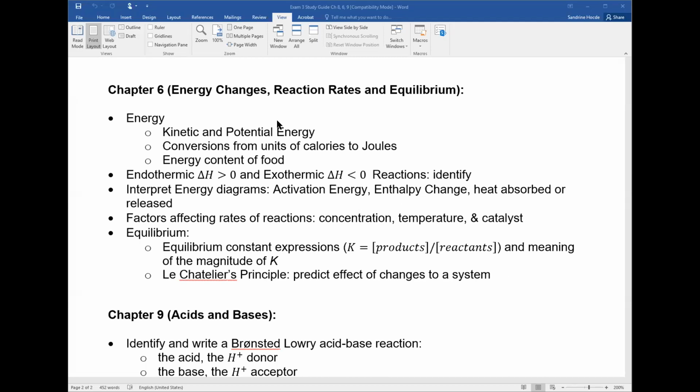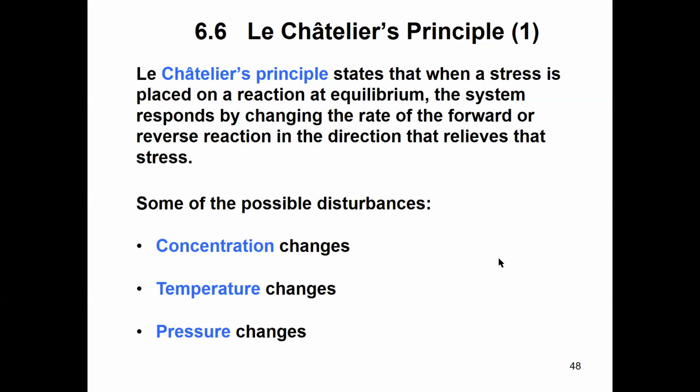So now let's look at Le Châtelier's principle and review what are the effects of changes on a system, on an equilibrium. What's the principle saying? So Le Châtelier's principle states that when a stress is placed on a reaction at equilibrium, the system responds by changing the rate of the forward or reverse reaction in the direction that relieves that stress.